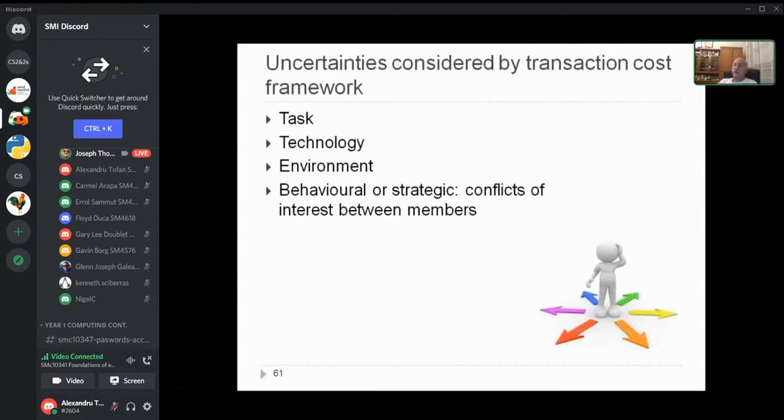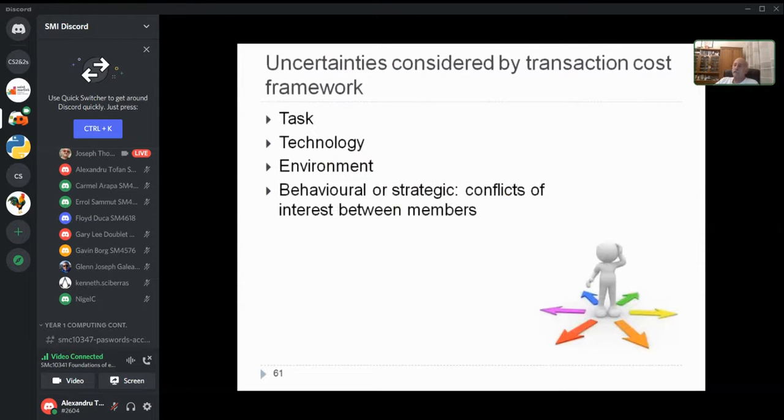Now, the transaction cost framework considers a number of uncertainties. First of all, the task. What needs to be done? What has to happen? What is the transaction between who and who? What is being transacted? What goods are being exchanged? There are a lot of uncertainties about the task.